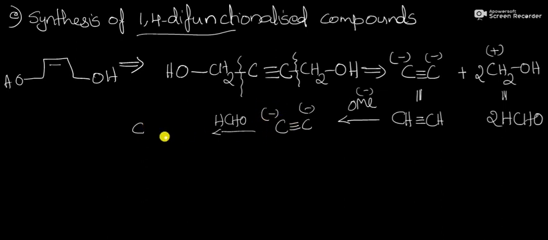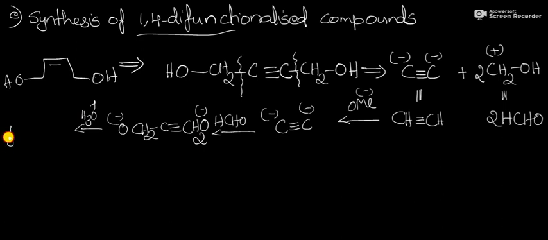Here this acts as a nucleophile and we get CH2O minus C triple bond C, and if we add another mole of formaldehyde, it adds to this carbon and we get this product, which on hydrolysis with H3O plus we get OH CH2 C triple bond C CH2OH.